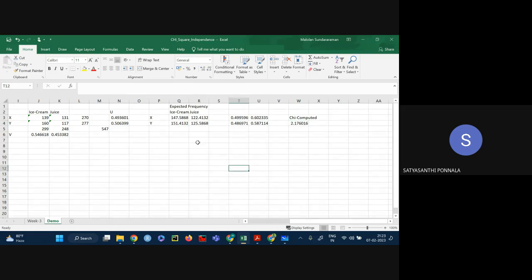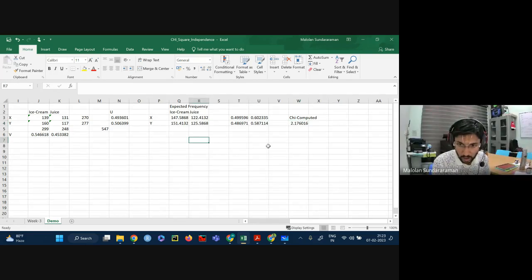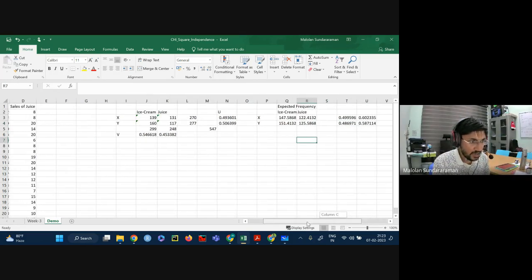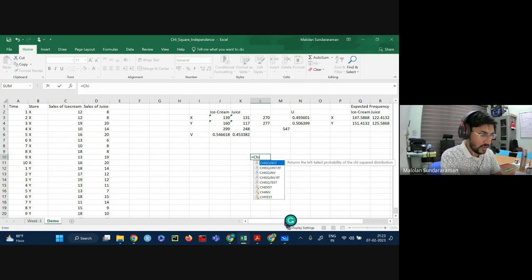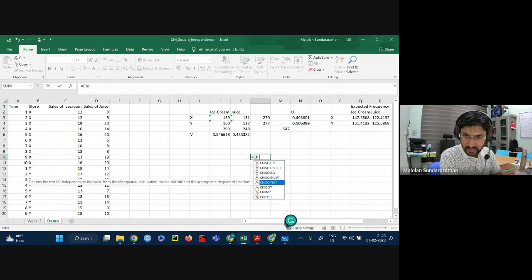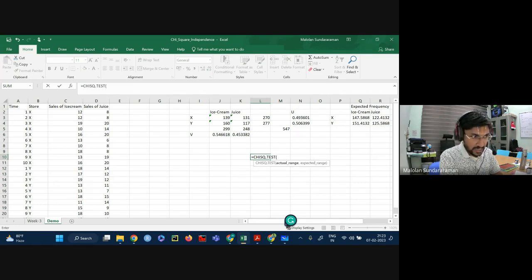Just one small thing, instead of doing all of this in Excel, you can directly get a p-value by using this command, CHISQ.TEST. It will ask you the actual range, which is the observed values.